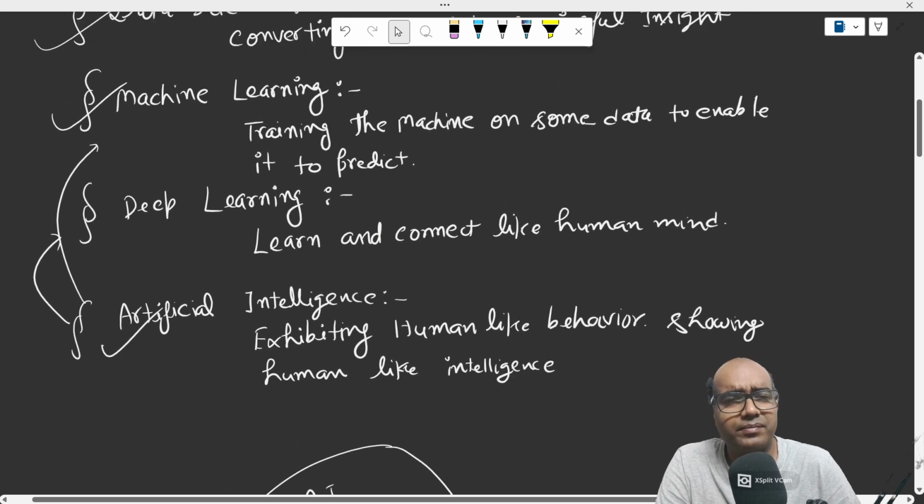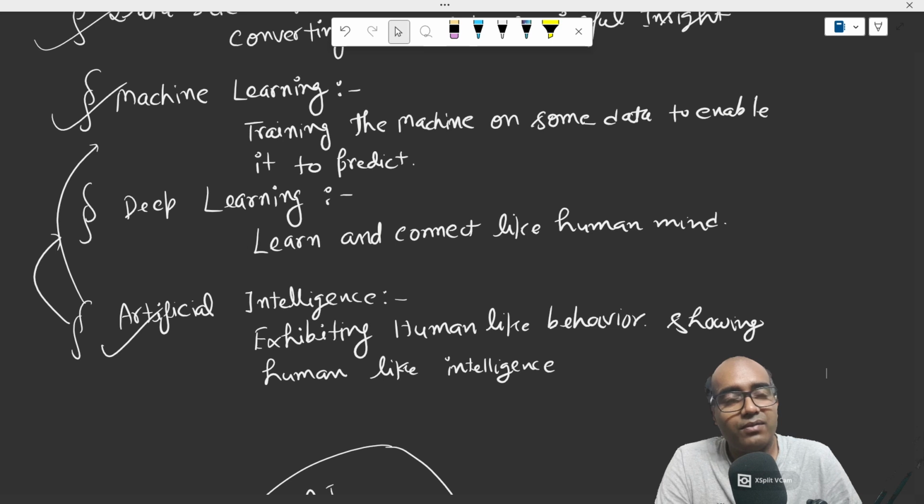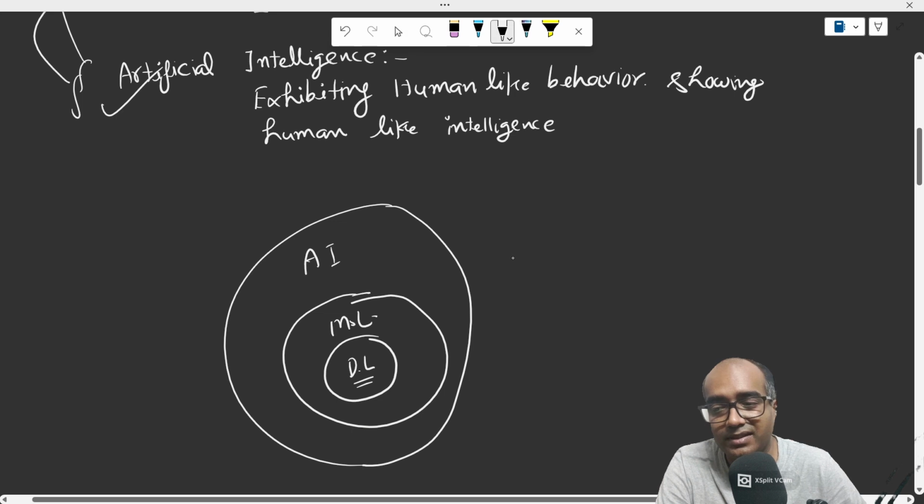Deep learning is nothing, it's just like machine learning. But in case of deep learning, we are training our computer system just like our mind works. Our neurons work. From basic science, we have a number of neurons. There are dendrites.